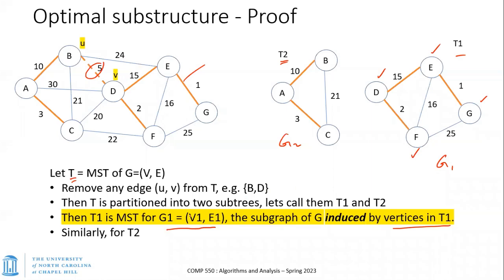And so the theorem is that T1 is an MST of G1, and similarly T2 is an MST of G2. So now, how do we prove it? The proof, as I said, is a cut and paste proof, which is generally used for such proofs about graphs.